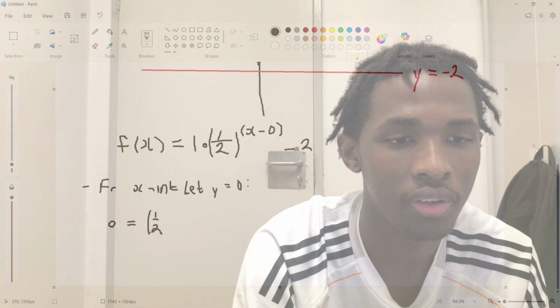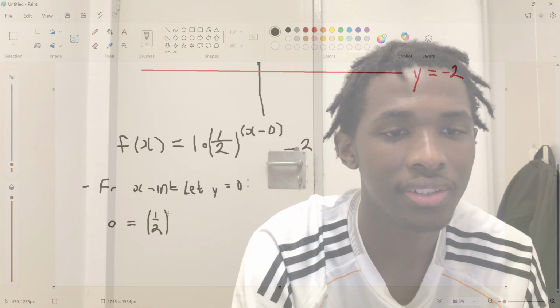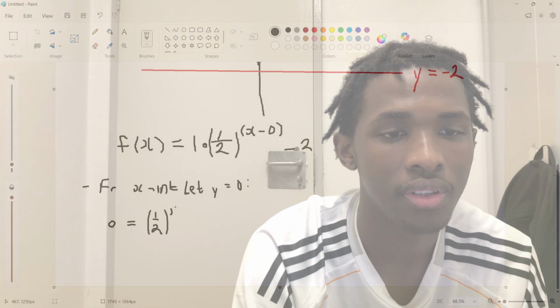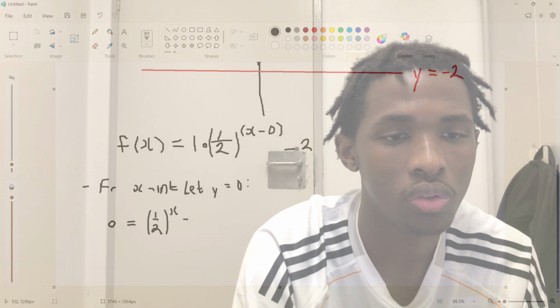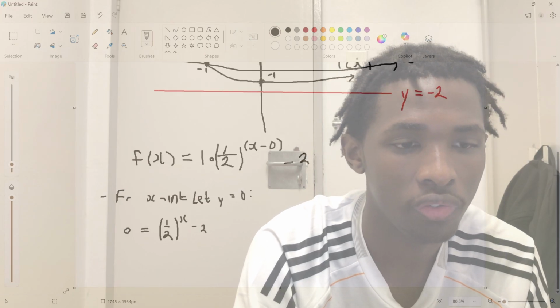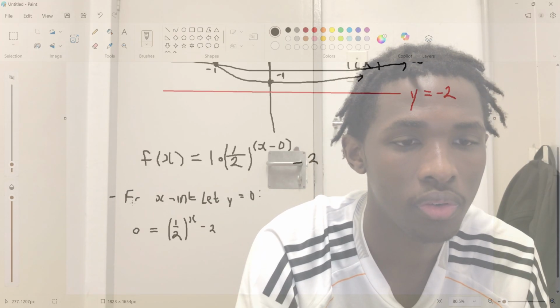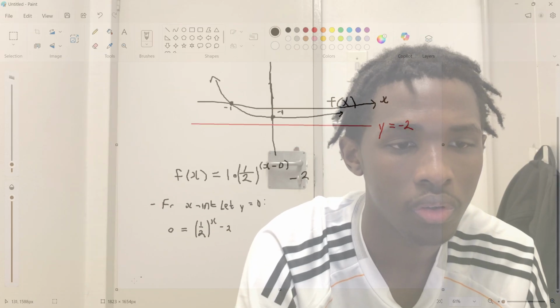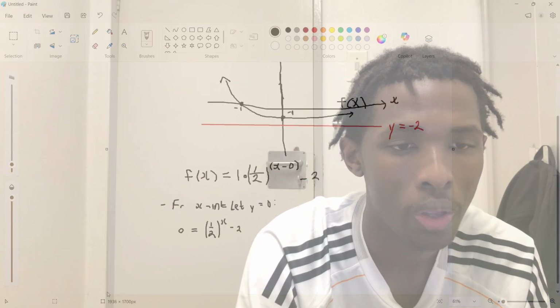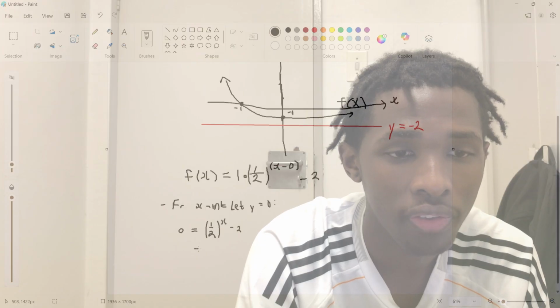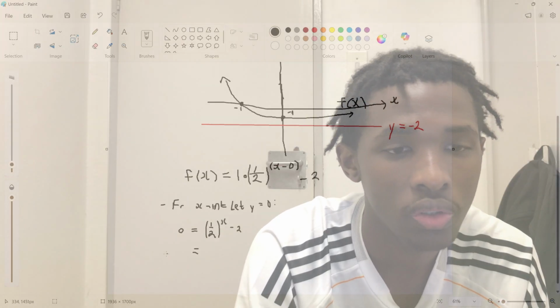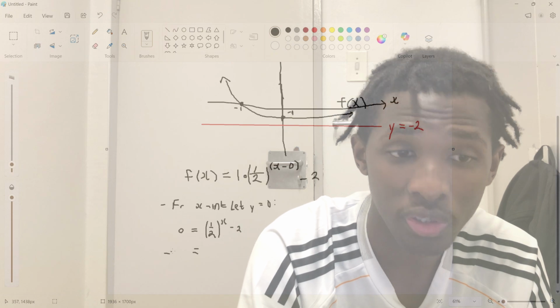That's where I get the value to the power of x, like -2. So then what you do is that you just go further. You can take 2 to the other side. Well, that's very important, right?